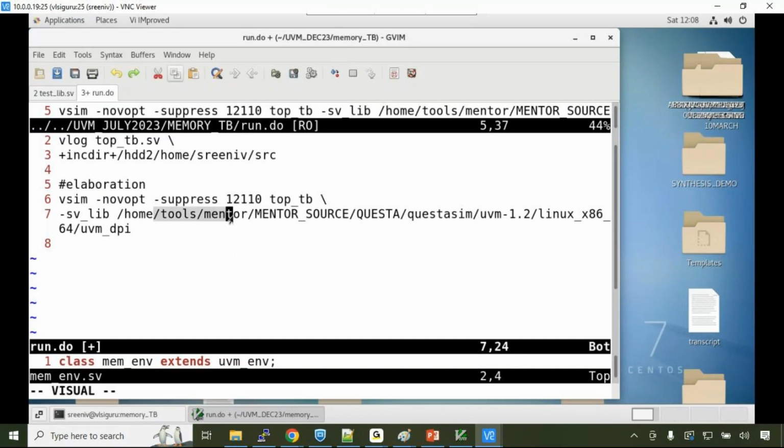This path is specific to the machine I am working on right now. On the server, it is specific to the server, and this file is present in this path. On your laptop, it may be present in some other path, so you have to identify that. Inside Questa, inside UVM 1.2 or 1.1, you have to identify the DPI path and use that.